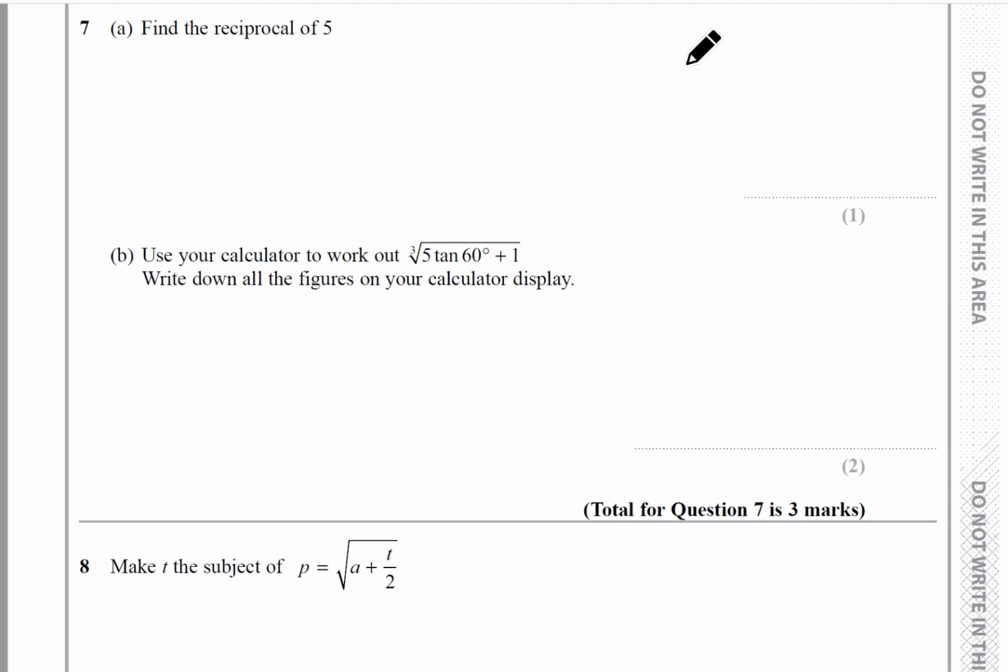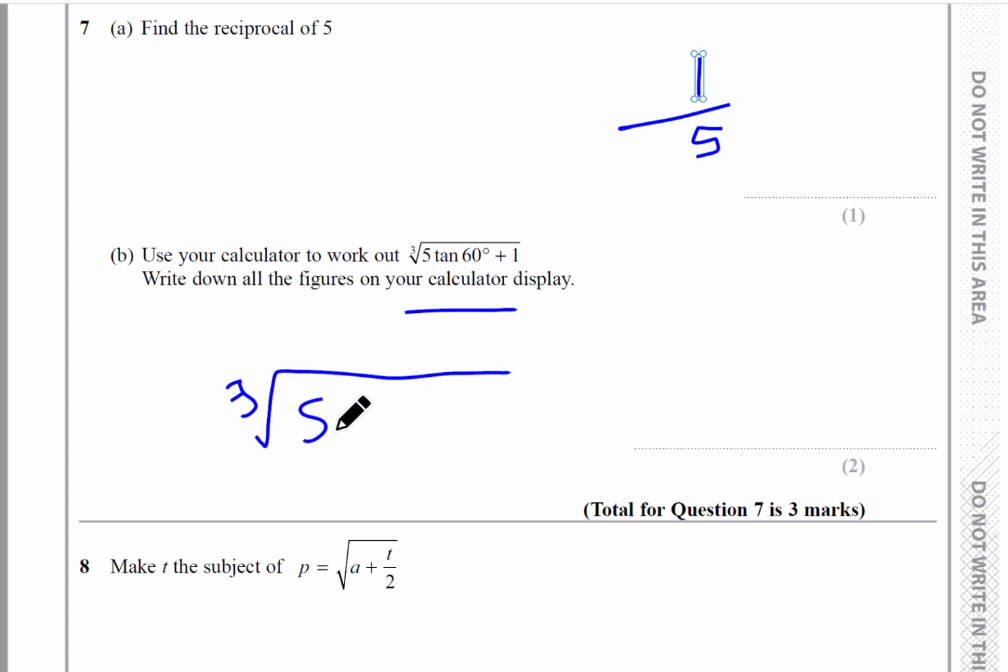Find the reciprocal of 5. So that is just going to be 1 over 5. Right, just type this into your calculator. Ensure you use the cube roots button, and ensure this whole function is in your calculator, like so.